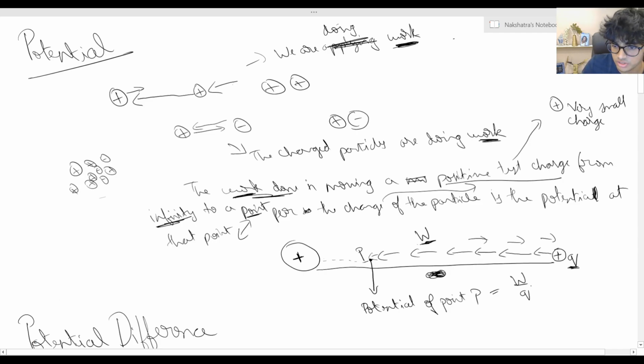So SI unit of potential will be SI unit of work, which is joule, upon SI unit of charge, which is coulomb. So this is going to be joule per coulomb, or JC minus 1, और इसको हम मानते हैं as V और वोल्ट्स, ठीक है। Volt represented by V, and this is the equivalent of joules per coulomb, or JC minus 1.